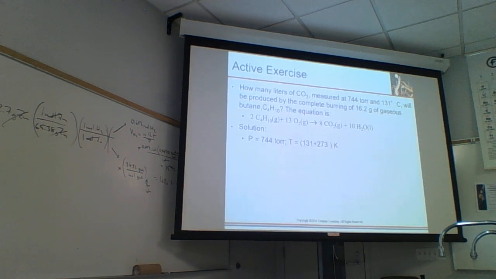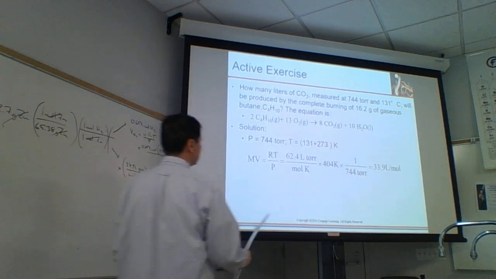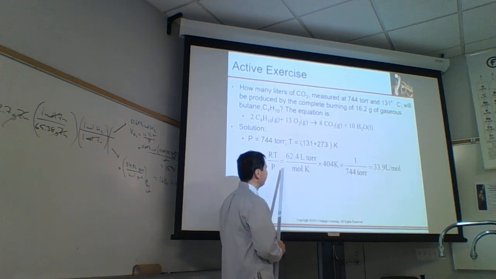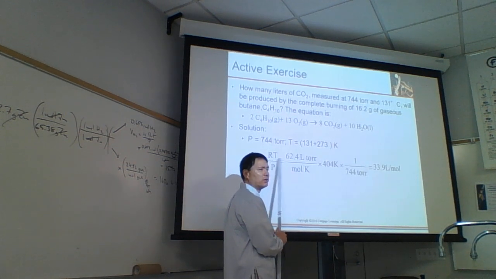So let's just go through here. The molar volume is RT over P. And you just remember RT over P. But I don't like what Cartoligi does. He wants you to memorize a lot of different R values.